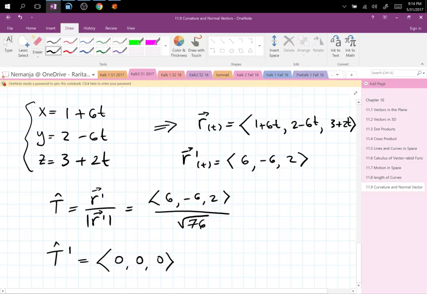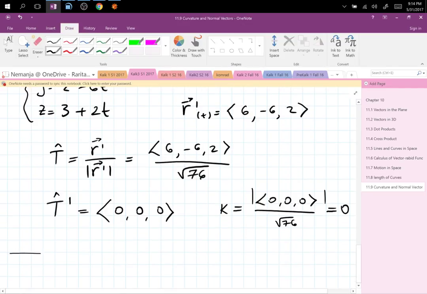And when we feed that into the curvature formula, which is 0, 0, 0 divided by the magnitude, like another 76 here, you get 0. So the curvature of the straight line is 0, which is what we expected.